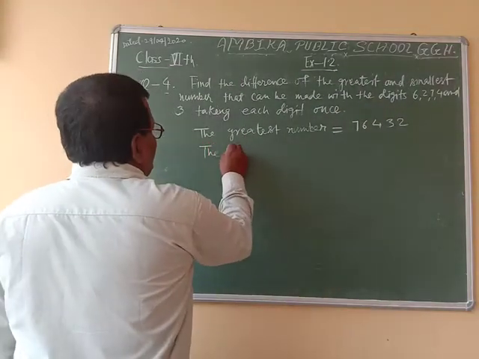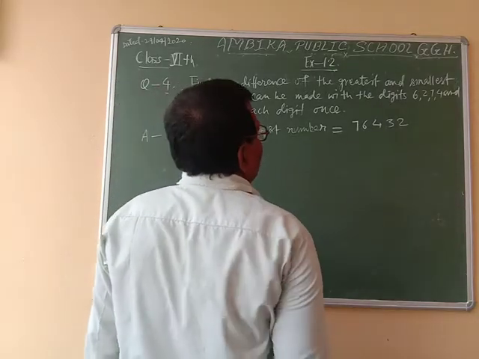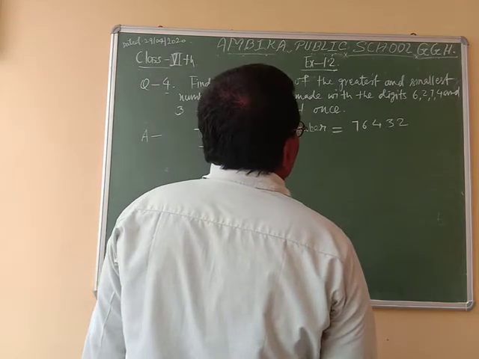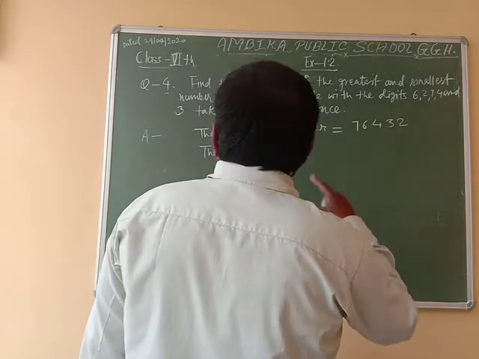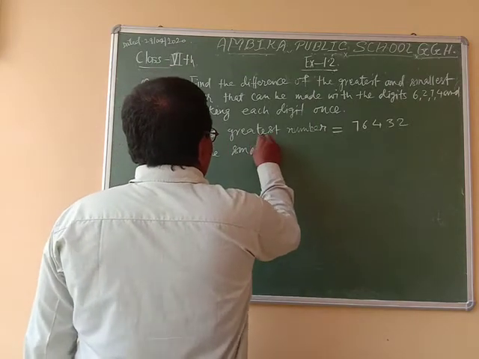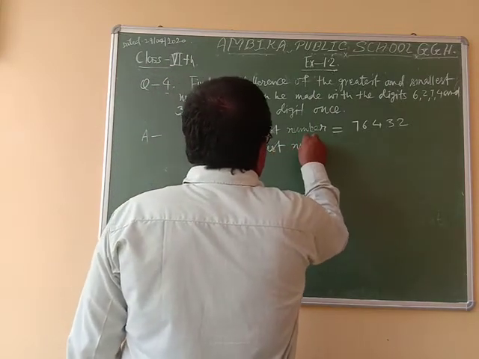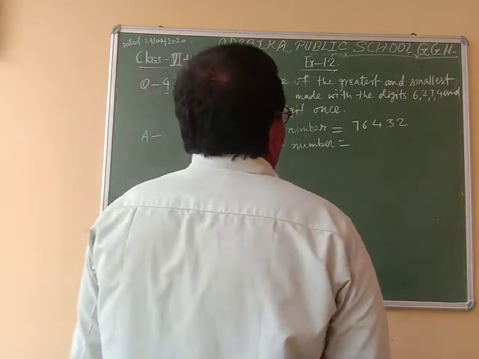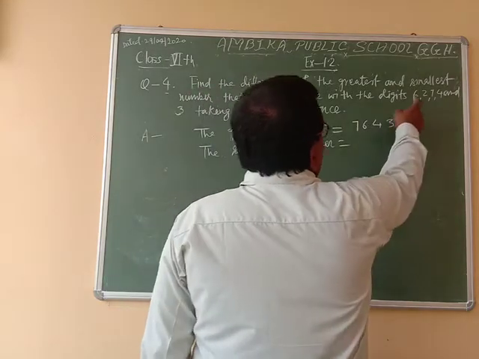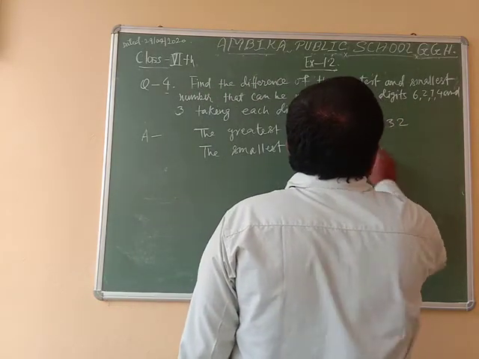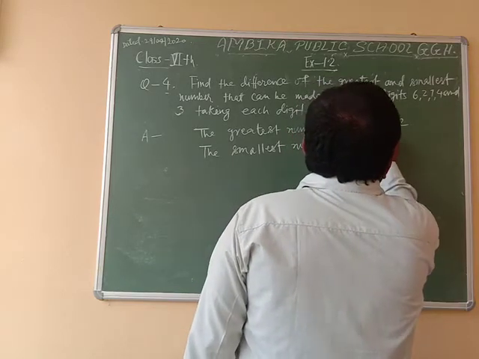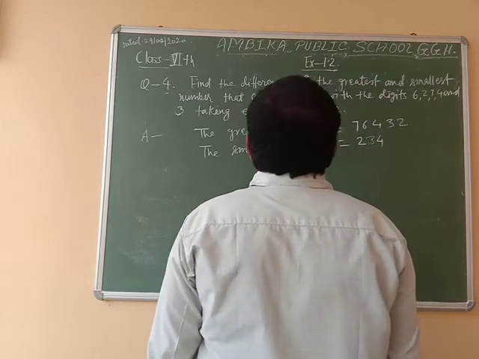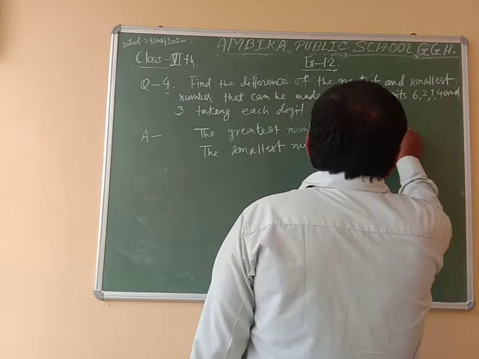The smallest number from the given digits: we write the smallest digit first, 2, 3, 4, 6, 7. That is the smallest number.